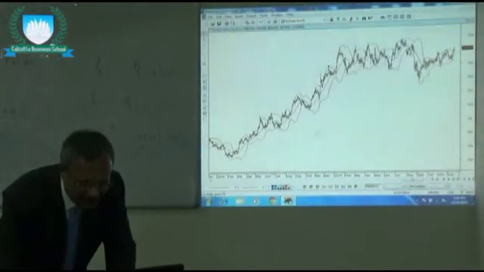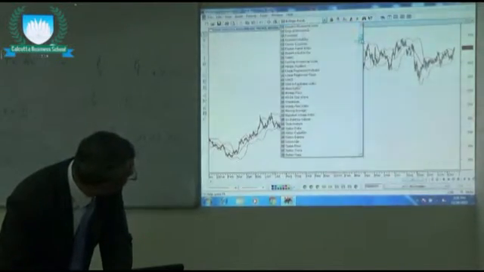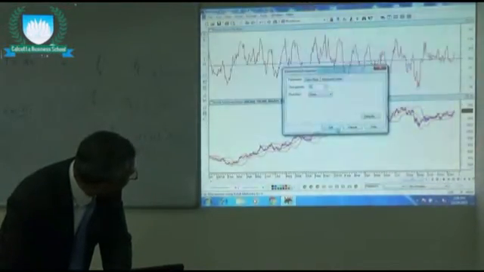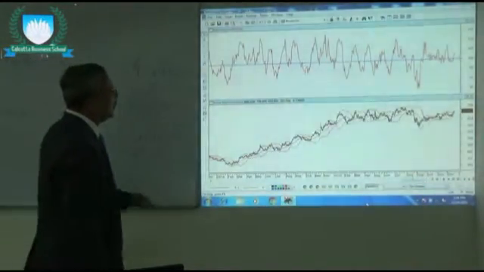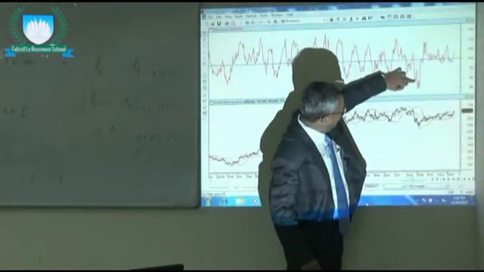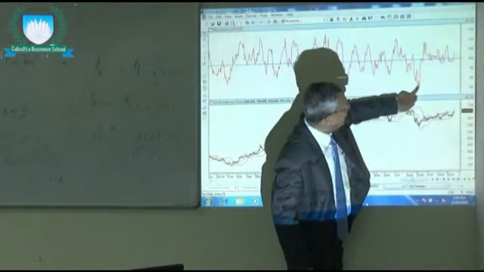Compound this technical indicator with the momentum indicator. As I had said, when the momentum becomes below 100 and has started rising, that is a nice time to buy.